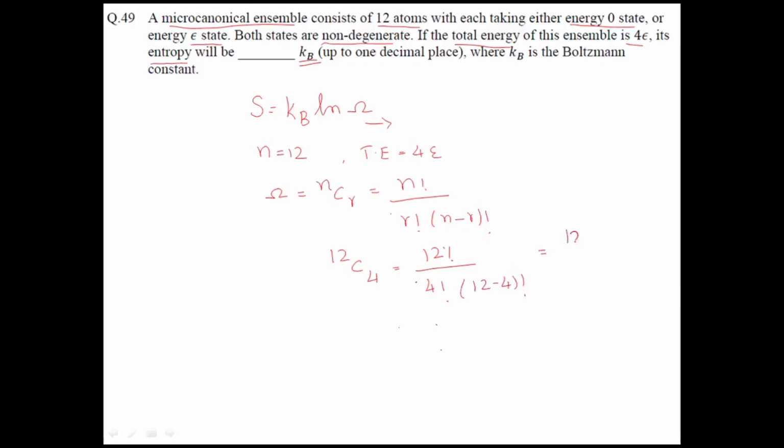That is 12 factorial divided by 4 factorial into 8 factorial. It is nothing but 495. So entropy S is equal to Kb into ln of 495. That is nothing but 6.2 into Kb. So the answer is 6.2.